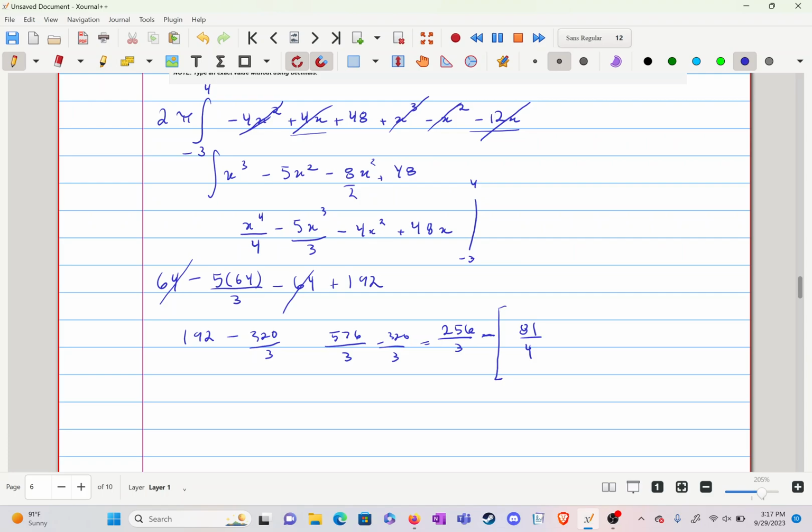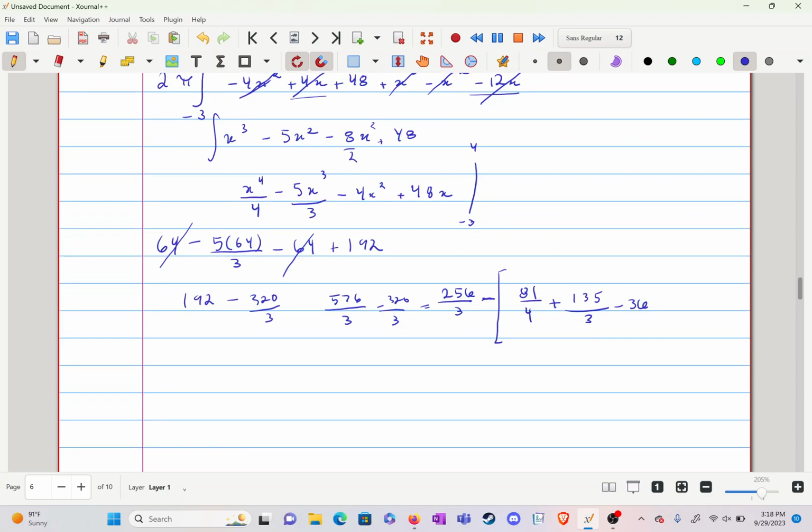Now we have a negative, but it's going to turn into a positive because negative cubed is negative 27. Negative 27 times negative 5 is positive 135 divided by 3. Negative 3 squared is positive 9, but 9 times negative 4 is negative 36. And negative 3 times 48 is negative 144.